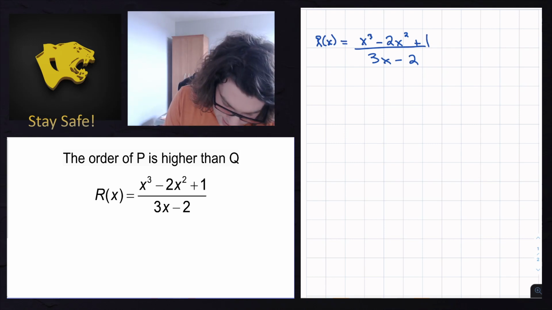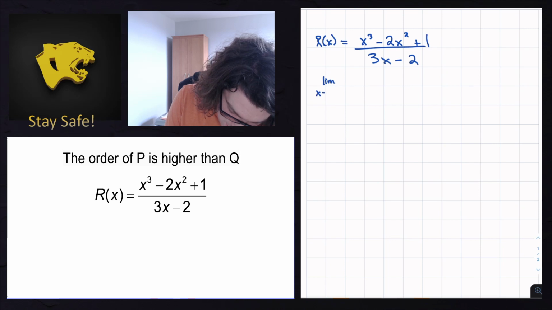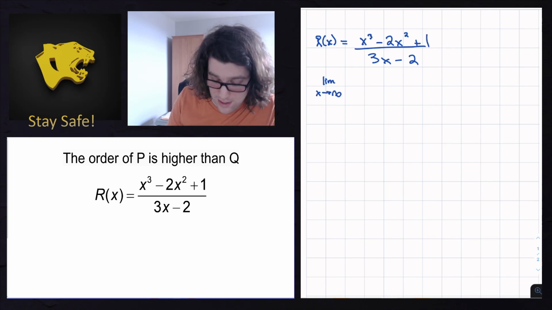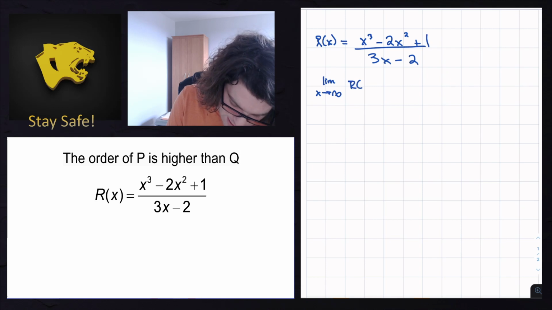So let's take a look at the end behavior out to the right hand side of r of x in this case, which is the same thing as saying the limit as x approaches infinity of the function. Actually I don't need that bracket, that's okay.